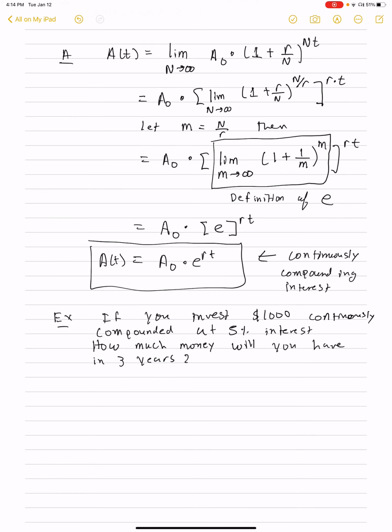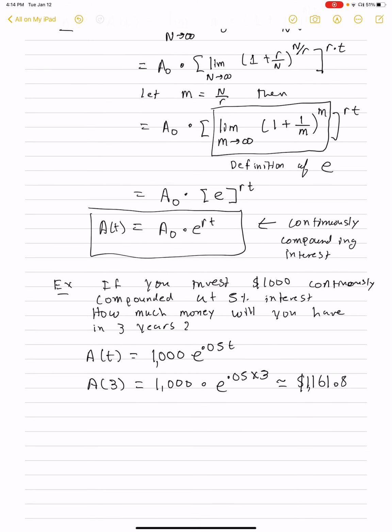Well, to answer this, we just plug in: A of t is the initial amount, which is 1,000 times e to the 0.05 times t, and I want to find out after 3 years. So this is going to be 1,000 times e to the 0.05 times 3, and that will be approximately 1161.8.